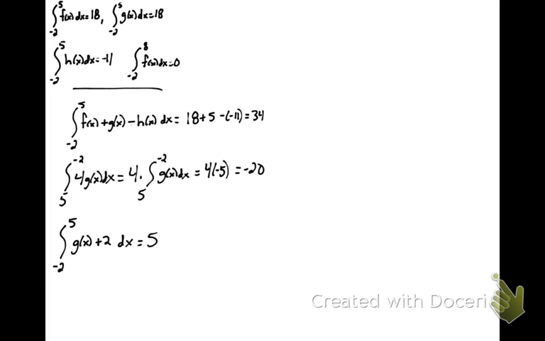But how do I make sense of 2 in that span? Well, let's consider graphically. Y equals 2 is just this horizontal line, and from -2 to 5, this is going to form a rectangle whose area is 14. So it'll be plus 14, and so altogether, my answer will be 19.